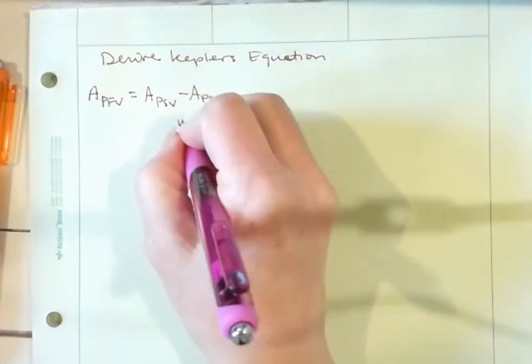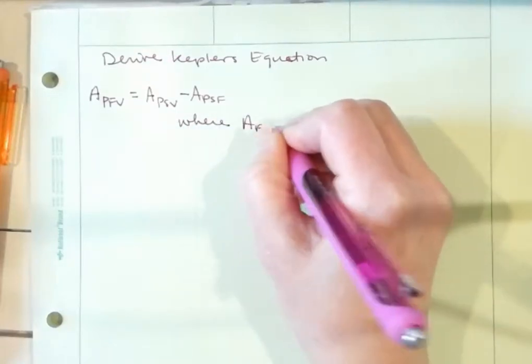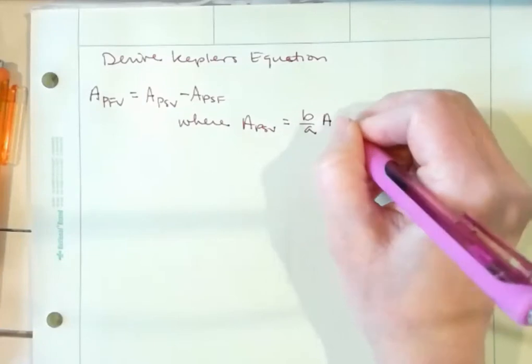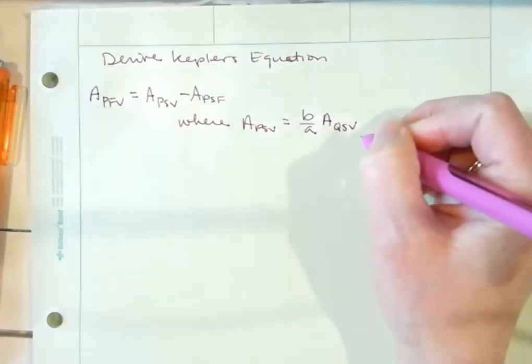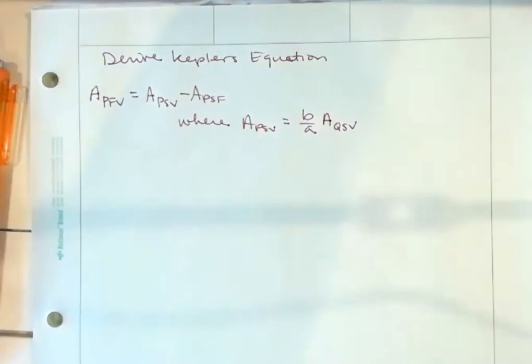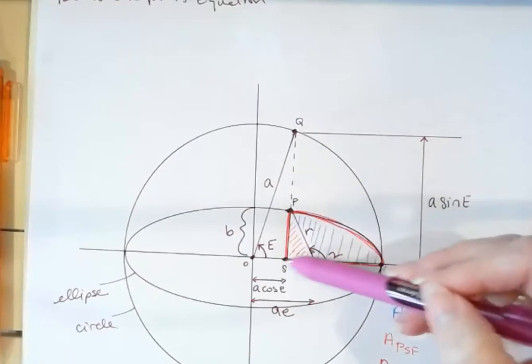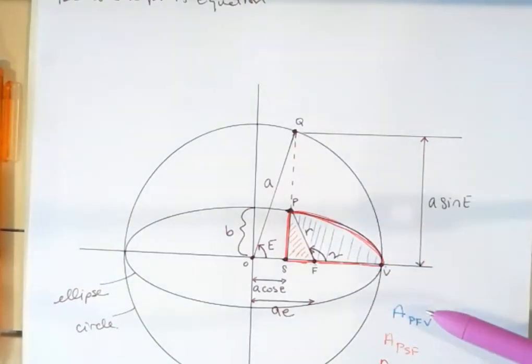Now in this equation though, we can write that the area of PSV is equal to B over A times the area of QSV. We didn't put that on here because it's a big area, but that would basically be this big area that connects those three points.